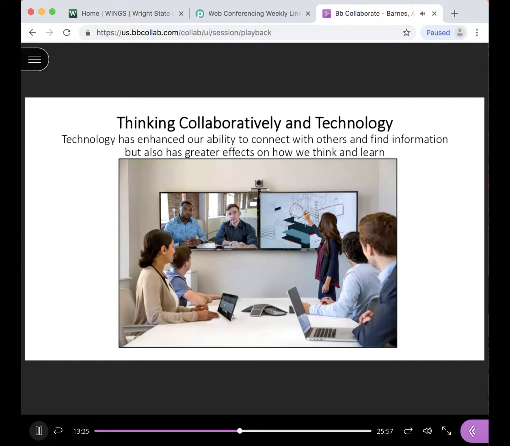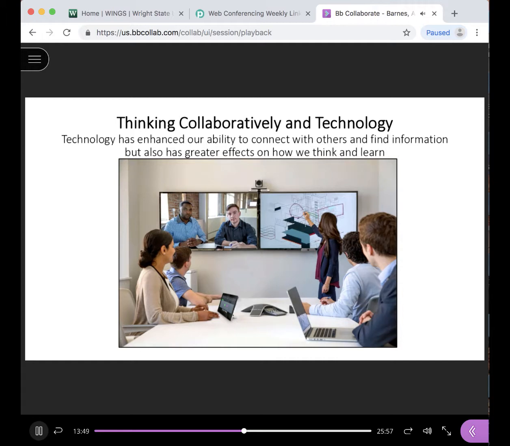Another aspect of thinking collaboratively that you'll find in Chapter 1 is the connection between thinking collaboratively and technology. Technology has greatly enhanced our ability to connect with others and to find information, but it has also had an even greater effect on how we think and learn.